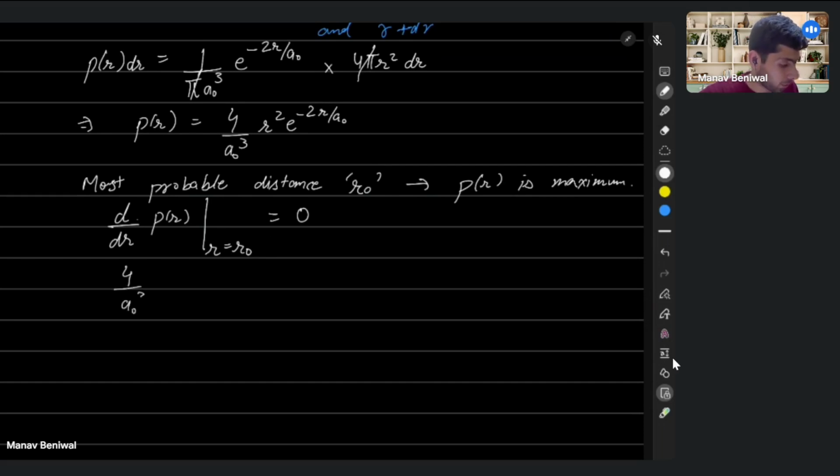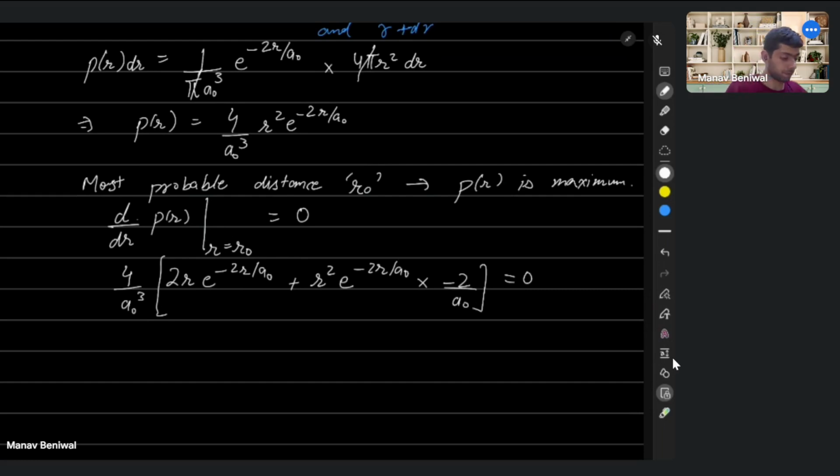Okay, which means 4 over a naught cube, and this will become 2r exponential minus 2r by a naught plus r squared exponential minus 2r by a naught into minus 2 by a naught.